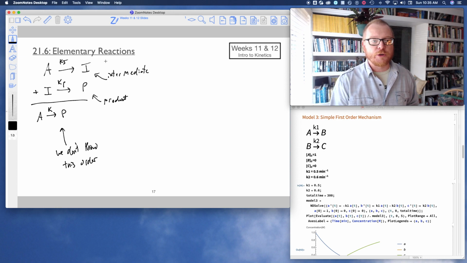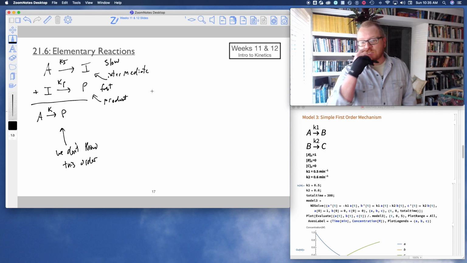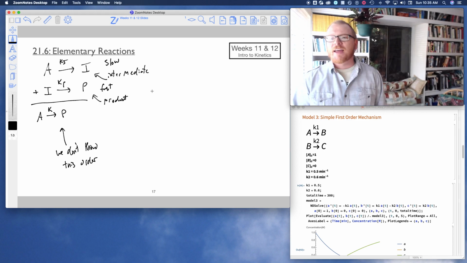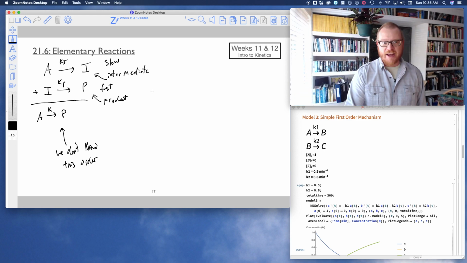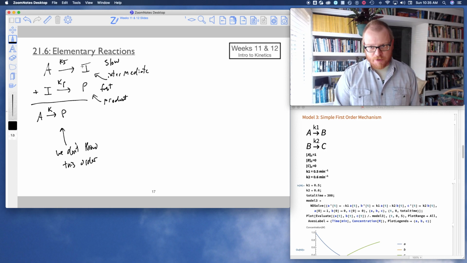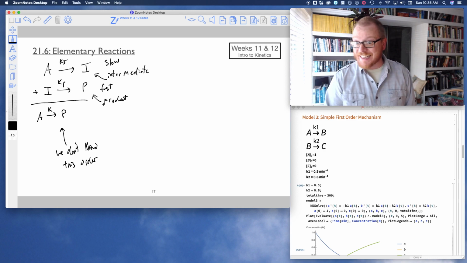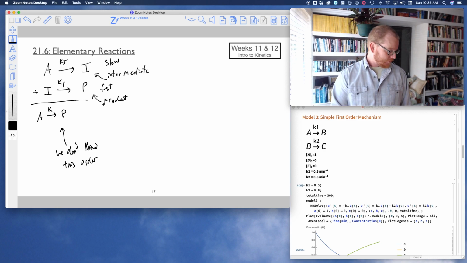Let's suppose this first step is very slow, okay? And this last step is very fast, which most of the time this is going to be the case in a mechanism like this, right? If this intermediate is unstable, it's not going to be formed quickly. It's going to be formed very slow. And if that intermediate is unstable, it's going to quickly decay to products, okay?